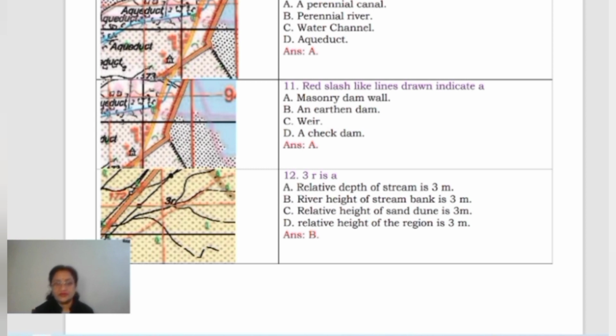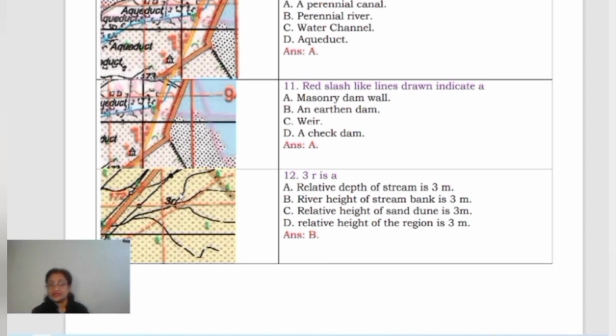Now come to the next one. 3R: relative depth of stream is 3 meters, relative height of stream bank is 3 meters, relative height of sand dune is 3 meters, relative height of the region is 3 meters. What is it actually? Let's see what 3R is. 3R is mentioned close to a river, or rather a seasonal or dry stream.